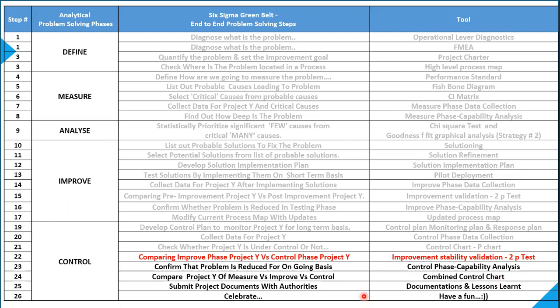And of course, I already talked about that we also need that P chart again. Why we do need that P chart, we're going to look into in detail in our next video. Then of course we need to submit the documents again to the authorities, and we have the documents of improvement with the help of the Six Sigma project.